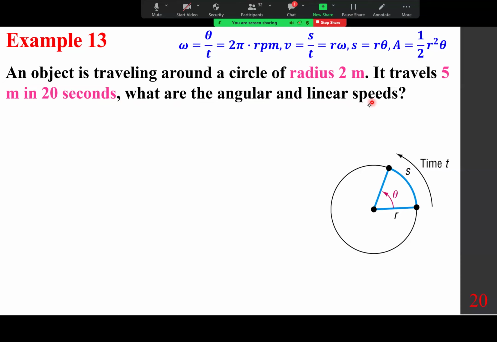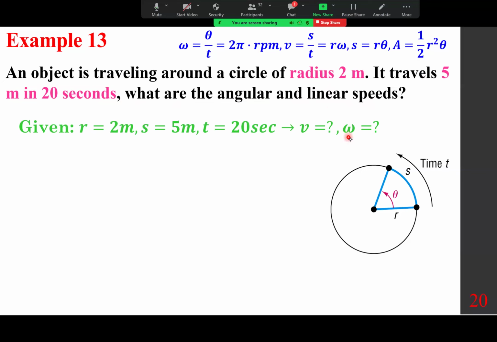Again, what is given? R is 2 meters. It travels 5 meters, S is 5 meters. Time T, 20 seconds. So write the given, everybody.